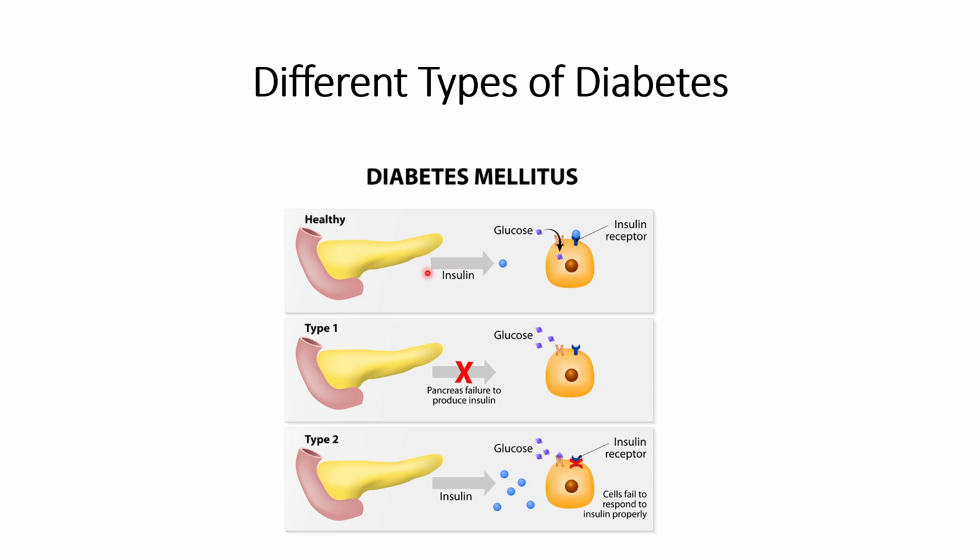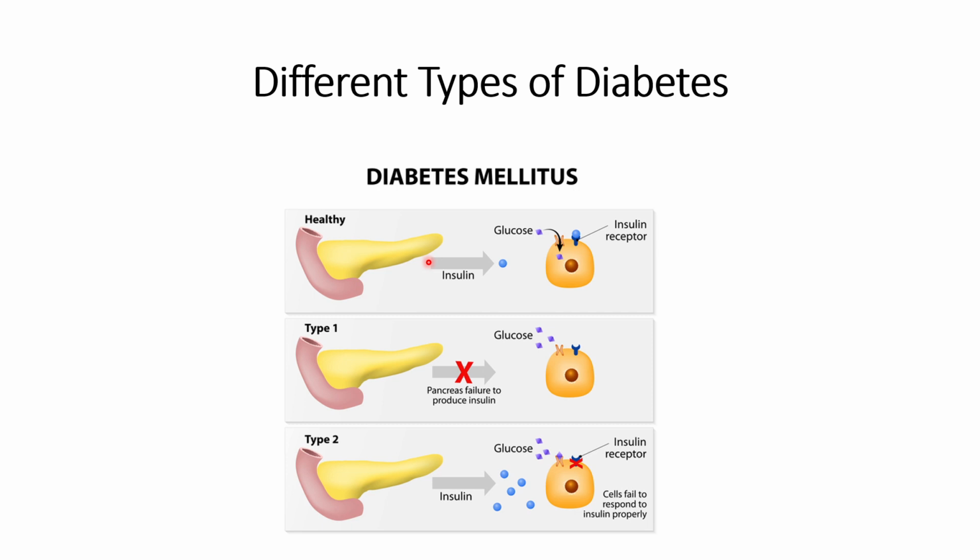is the pancreas. So the pancreas in our body has the ability to produce insulin, and whenever the insulin is produced and it is recognized by the cell, it will take up the glucose for functioning. So usually whenever the blood sugar level is high, the pancreas is able to recognize this high blood sugar level.